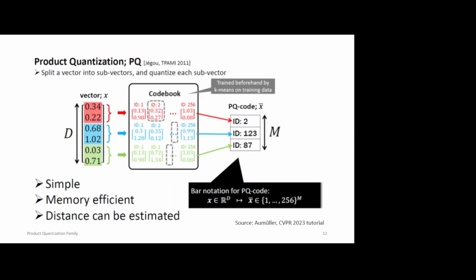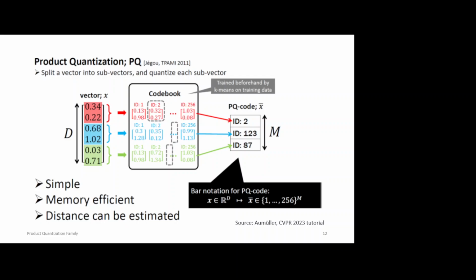Suppose the second centroid is closest to this vector, so we can encode its ID to be 2 as the result.